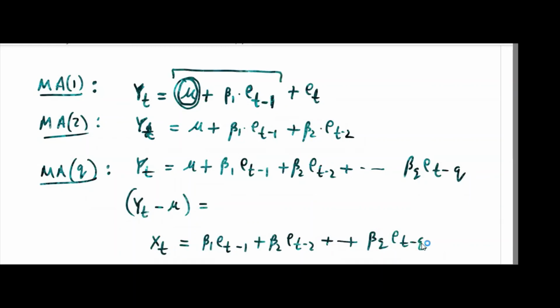Though there is error, this is past error, this we know already. The stochastic part I have to write everywhere. So this is the MAq model. So if I write y t minus mu as x t, with e t here, plus all other terms I have already written here.